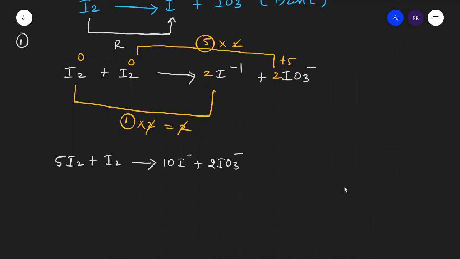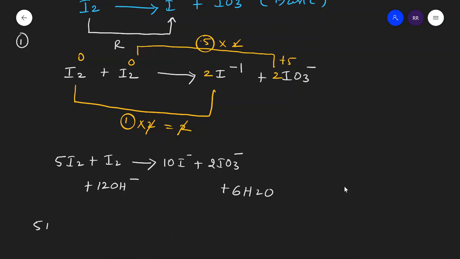For each excess of oxygen, we should add 1 water on the same side and 2 OH minus ions on the opposite side. So here we have 6 oxygen atoms. So I should add 6 water molecules. And here 12 OH minus, so that it gets balanced.